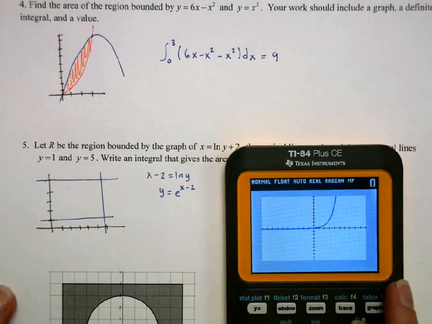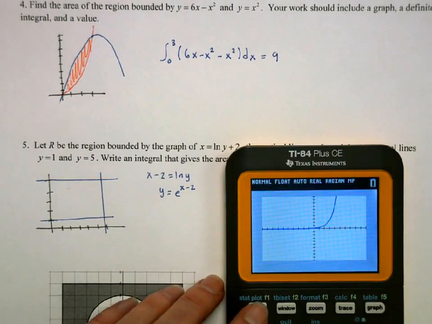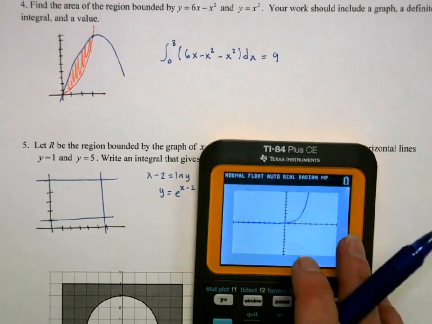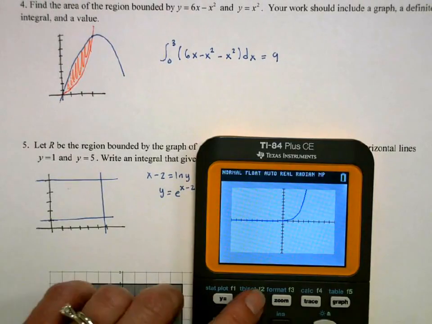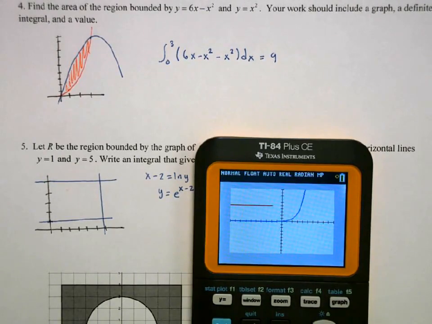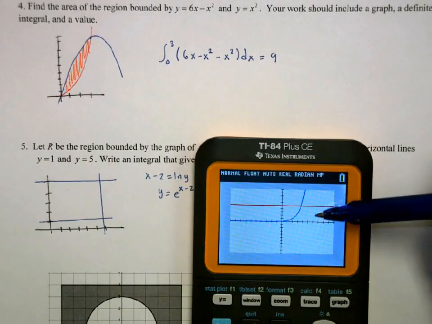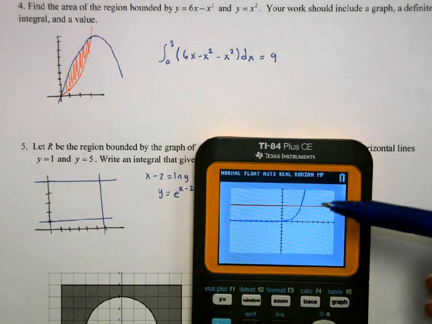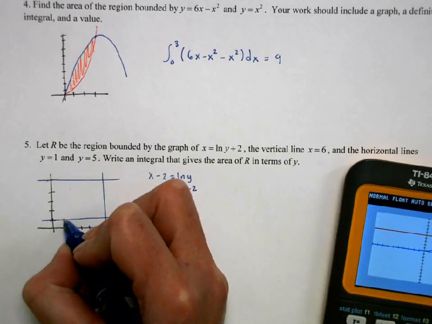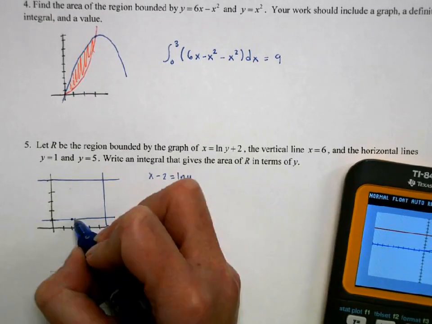So 6 is somewhere over here. It's going to cross, if I go ahead and draw my y equals 5 line. Okay, x equals 6 is going to be out here, so we're graphing this. I'm going to cross it too and go like that. So we're trying to find this area here.